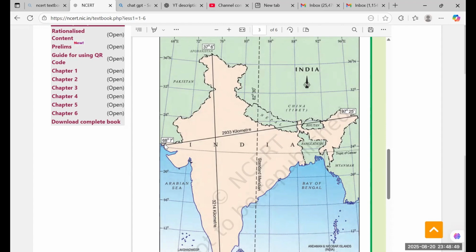And the local time of this standard meridian is used for the time calculation for the whole country. So refer to the video which is related to this question on the same channel.